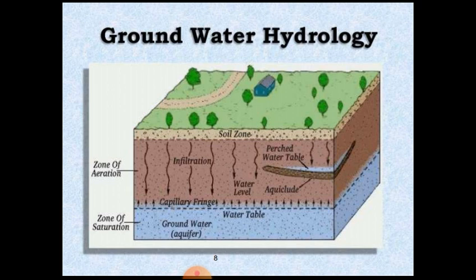In the zone of saturation, the capillary fringe occurs, in the capillary zone. Water is held by hygroscopic action in the zone of aeration, and in the zone of saturation water is held by hygroscopic and capillary action.